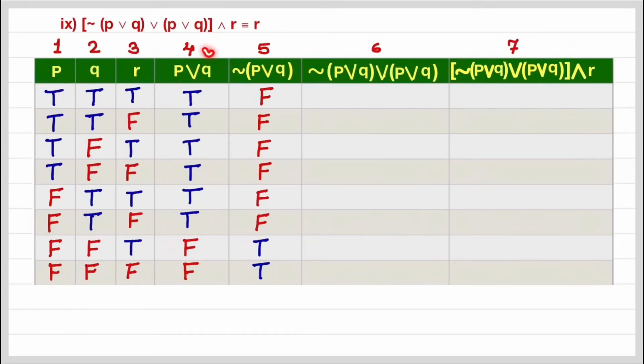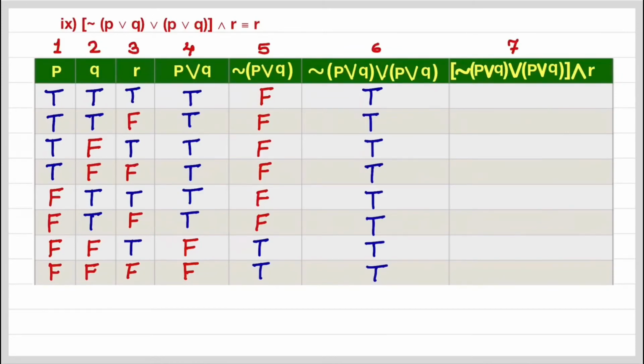Now we have to take the disjunction of these 2 statements. Again the same rule: when both the statements are false, it is false, otherwise it is true. Here at this 6th entry, the first statement is true, therefore their disjunction is true. Again here, the last 2 entries for the second statement are true, therefore their disjunction is true.